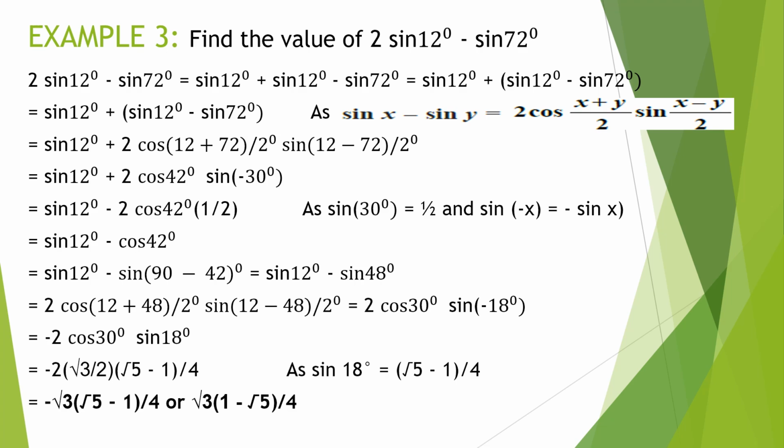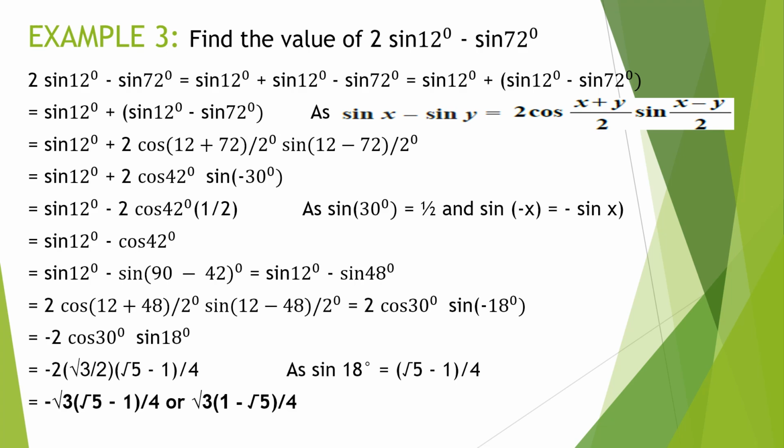So ultimately we get sin 12 degree plus 2 cos 42 degree and sin minus 30 degree. We know sin of minus x is minus sin x, and sin 30 degree is half. So this gives sin 12 degree minus 2 cos 42 degree into half, that is, sin 12 degree minus cos 42 degree.